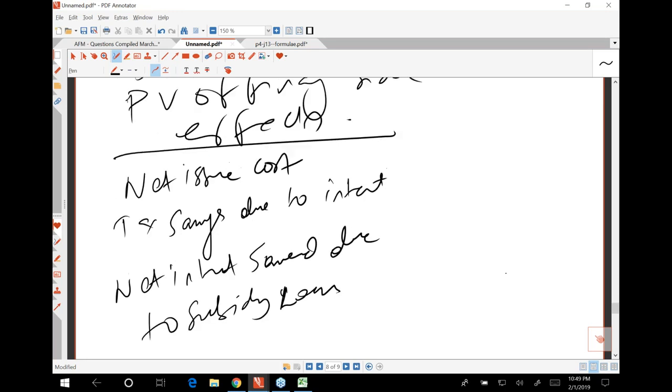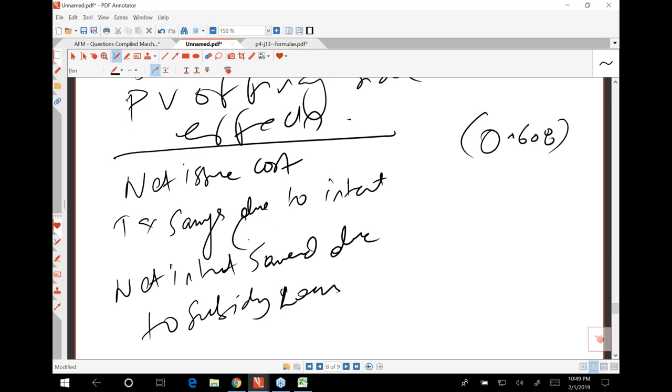So what was the net issue cost in total? 0.608 is the net issue cost.